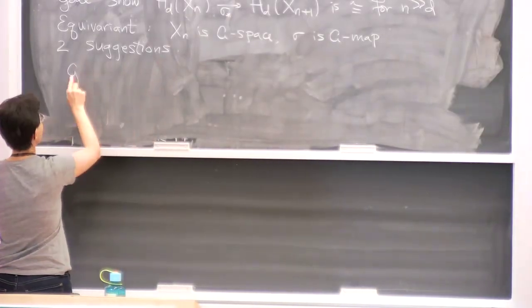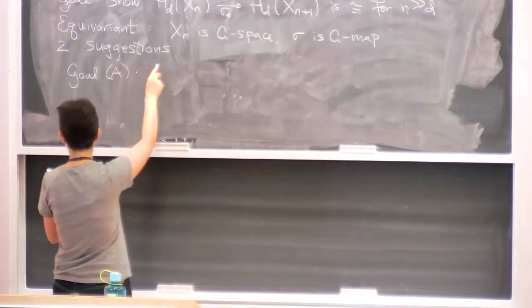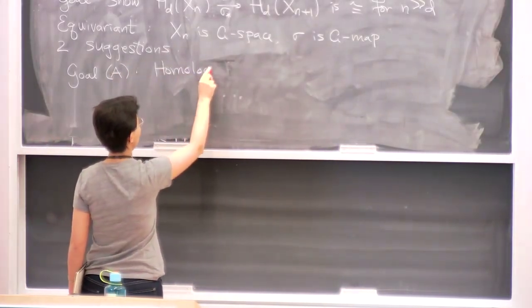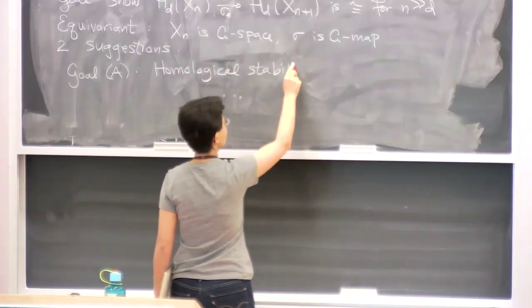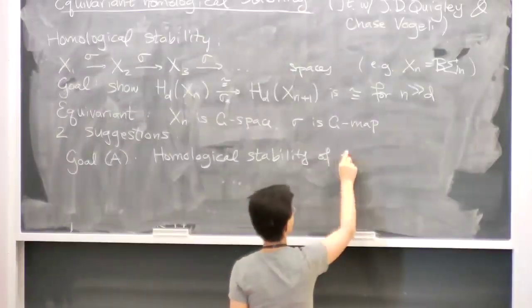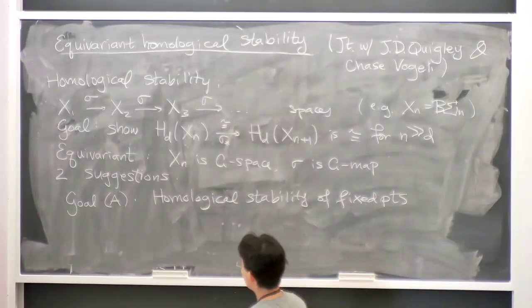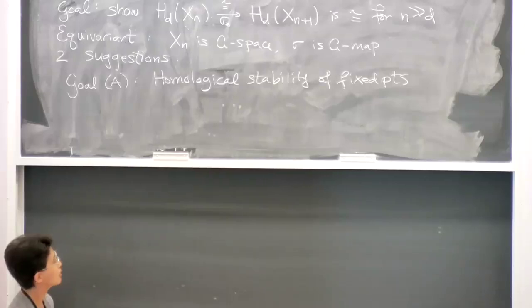I'm going to call this goal A. Maybe one thing you can try to do is prove homological stability of fixed points. And I'm going to leave a blank there so I can come back and fill in something more precise.